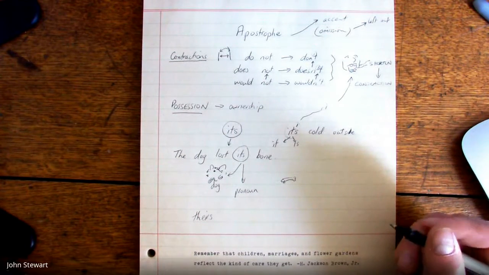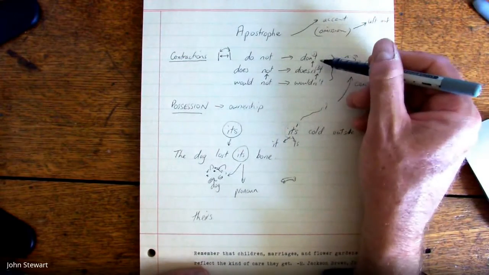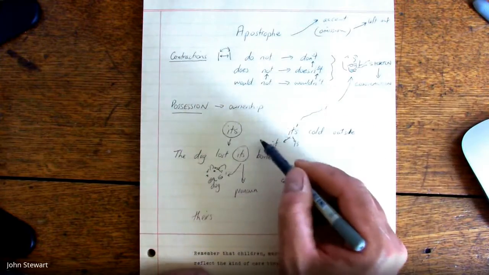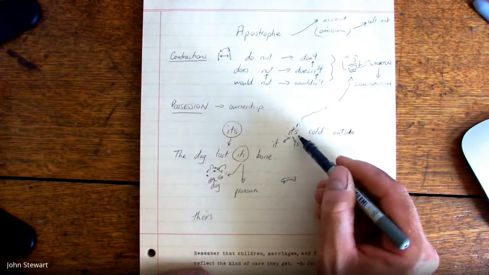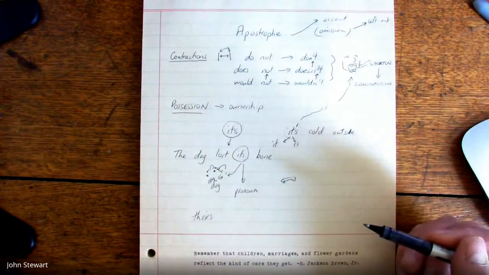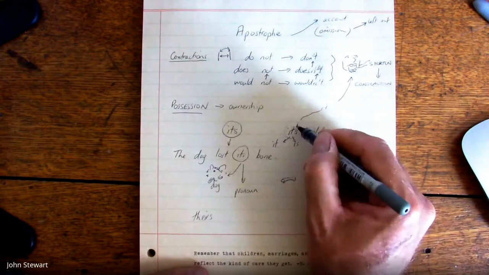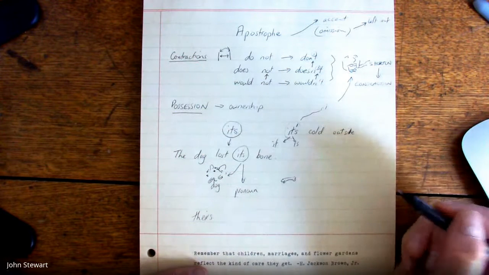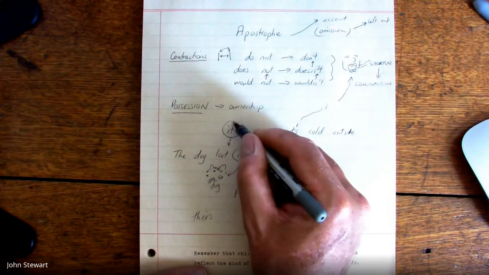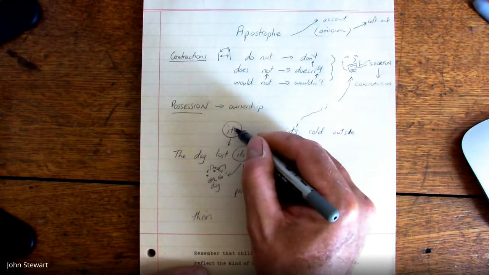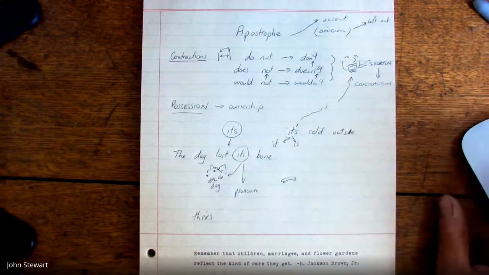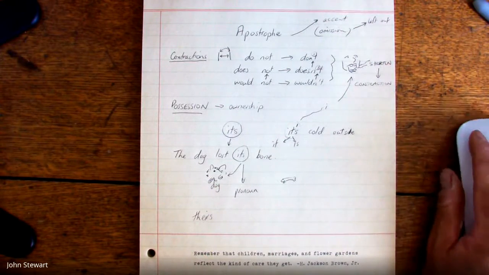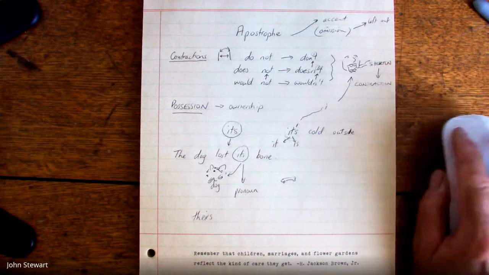So just to repeat, we use an apostrophe for contractions, but we also use an apostrophe for possession. When we're talking about its and it's, it's always an apostrophe for the contraction of it is. It's never an apostrophe to show ownership. And if you know that, a lot of people make mistakes on that very problem, even adults.